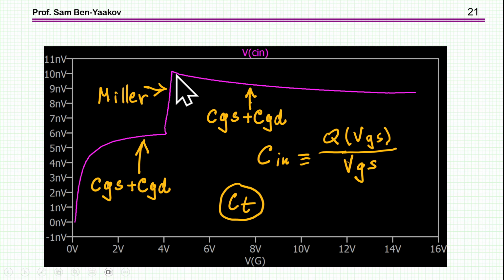And since the capacitance is going down, as we have seen in the small signal capacitances, then the effective total capacitor is also going down a bit. Okay, so this will be the actual input capacitance to the gate throughout the process, in this case, turn on.